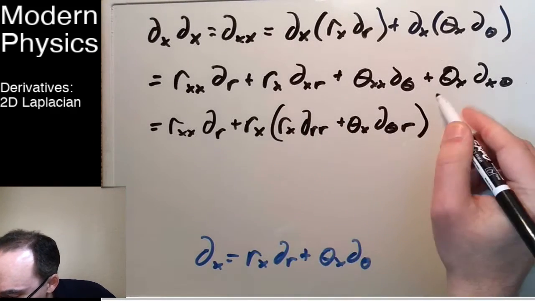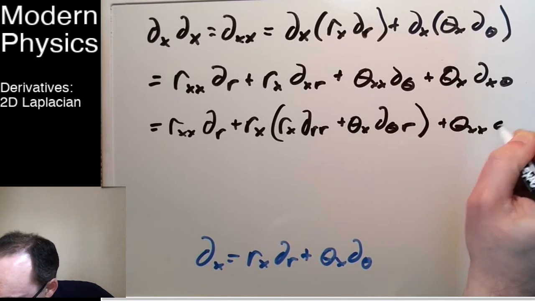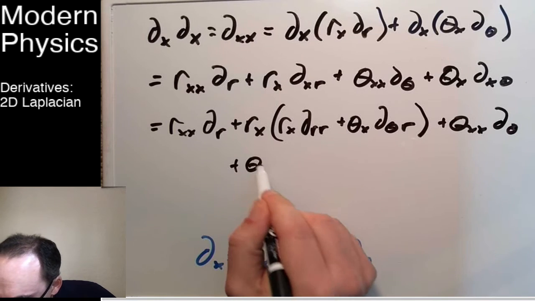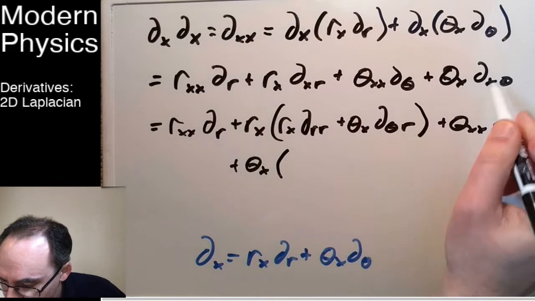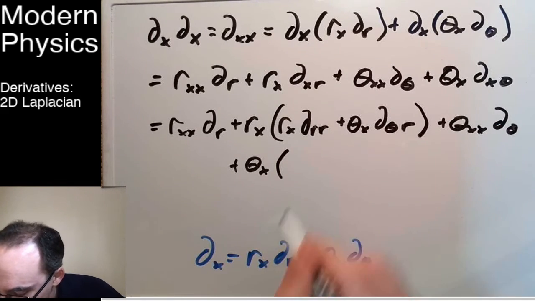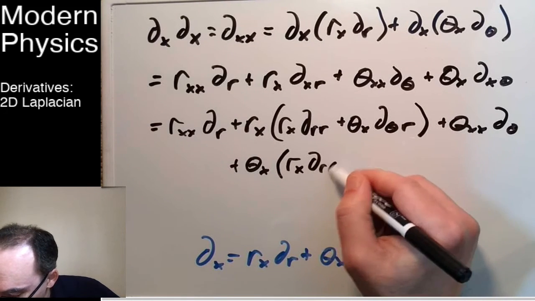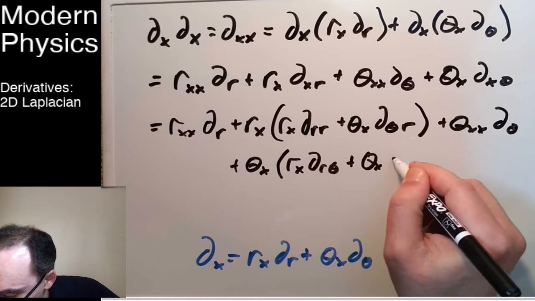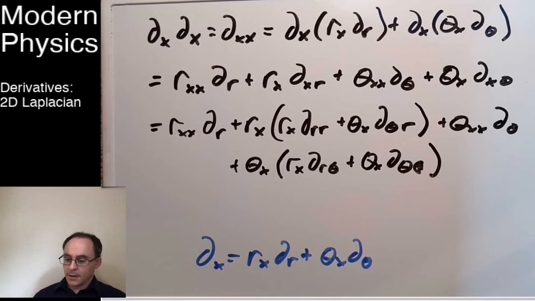That's this term. And then this term doesn't change. I'll leave it like that. And then finally, this last term looks pretty similar to what we did here with the second term. I've got ∂_x acting on ∂_θ. So it's going to be r_x ∂_r ∂_θ plus θ_x ∂_θ∂_θ. All right.